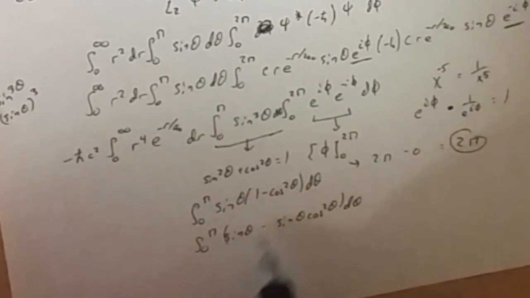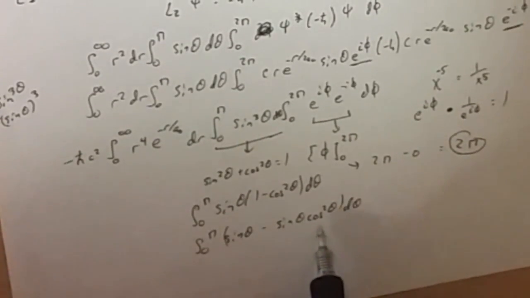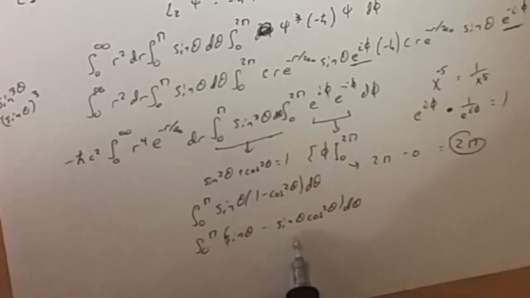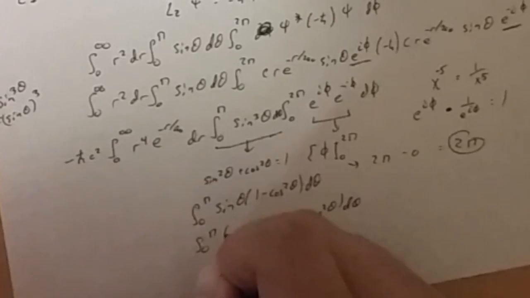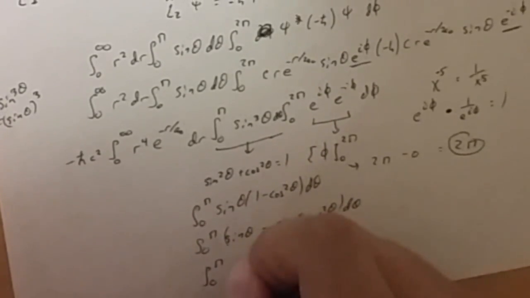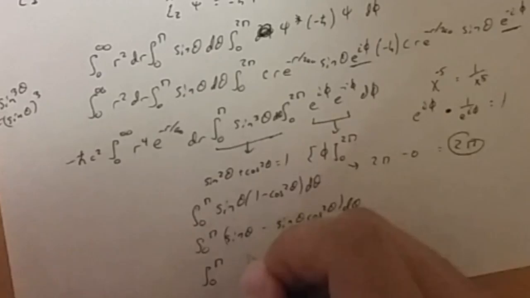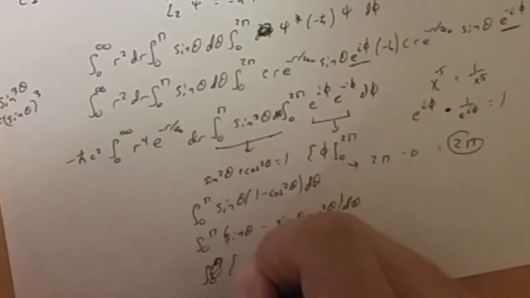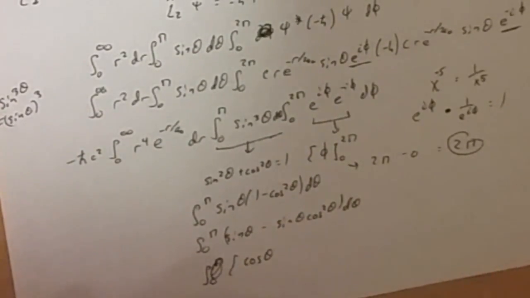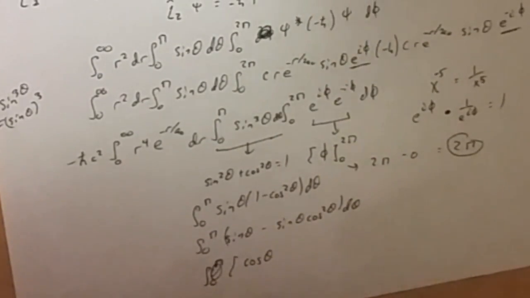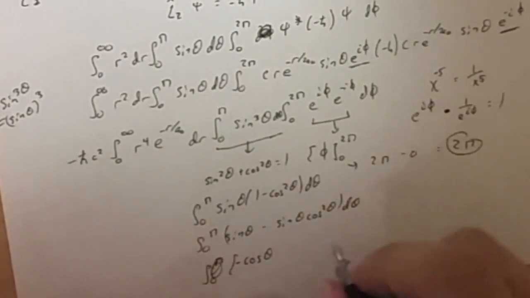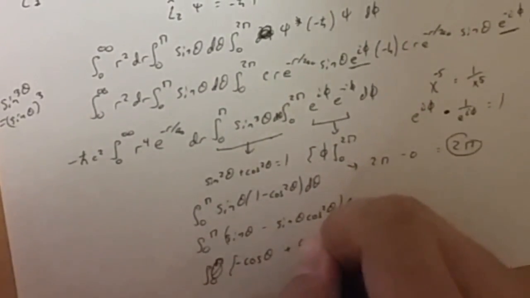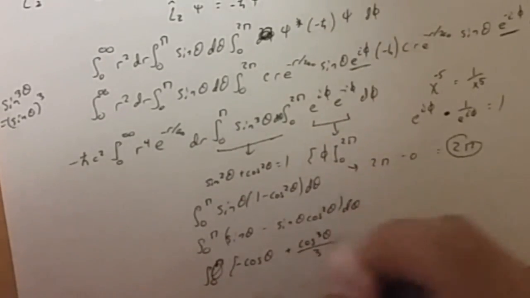And then the integral of sine theta is going to be negative cosine theta, and the integral of this is going to be cosine cubed over 3. So this will become negative cosine theta, and this will become cosine cubed theta over 3.